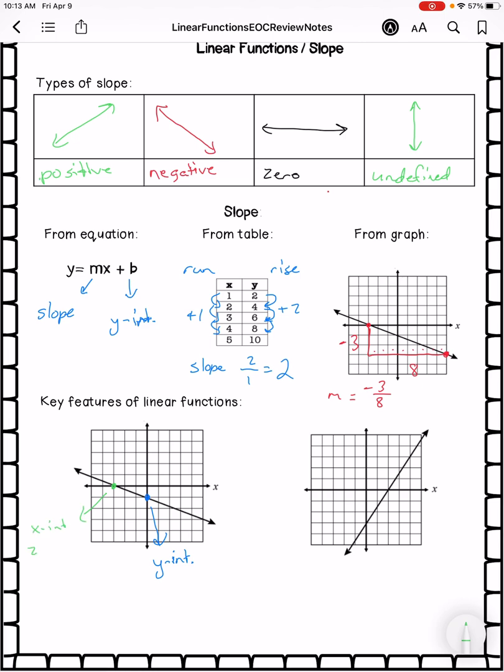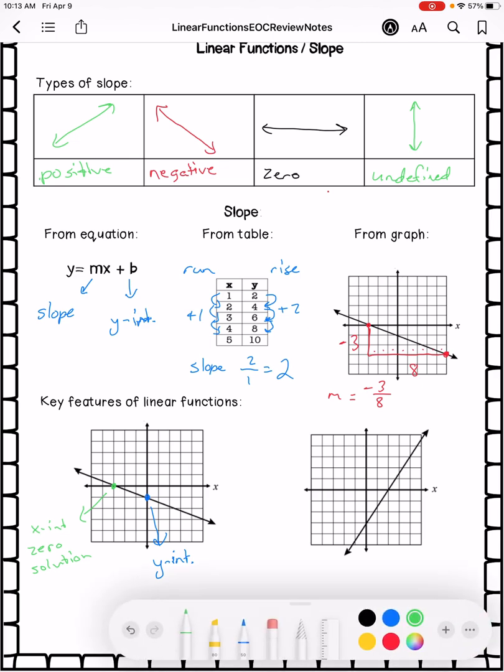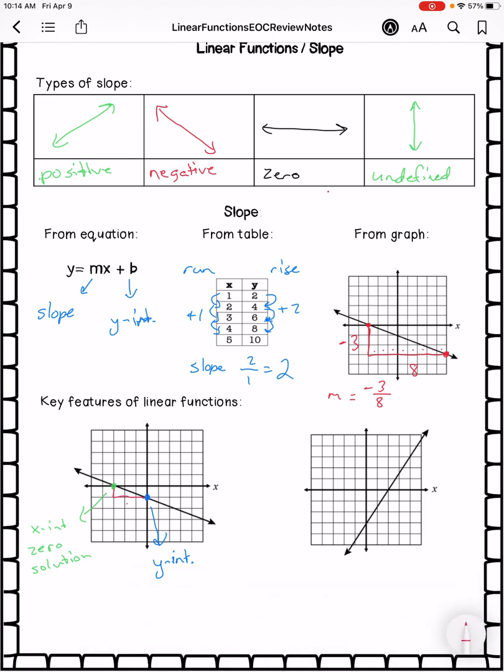It could also be called the 0 or the solution of that graph. And then again, another important thing would be the slope, the rise and the run, or in this case, the fall and the run. So the slope or the tilt of the line. Excuse my handwriting on that, the slope. Okay, so those are 3 key features of linear functions.